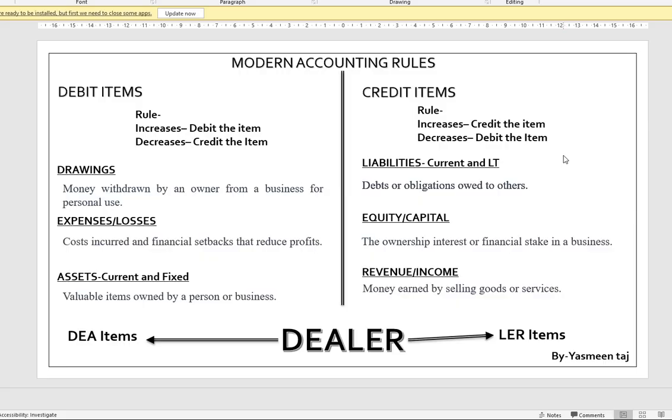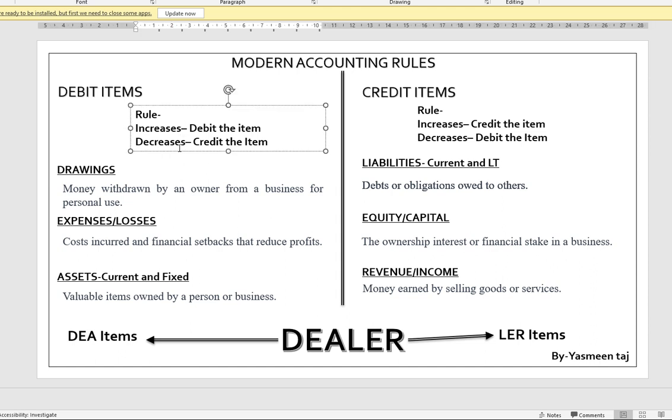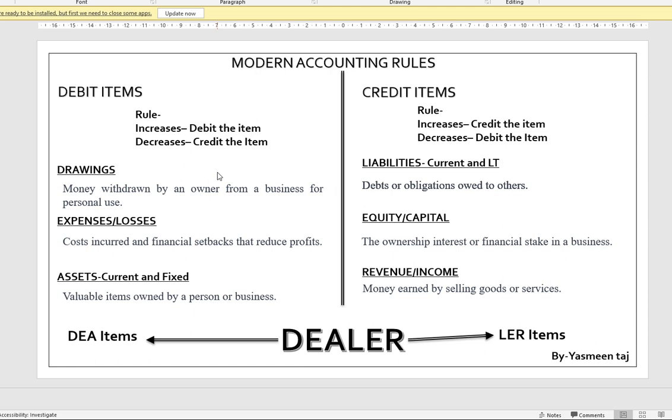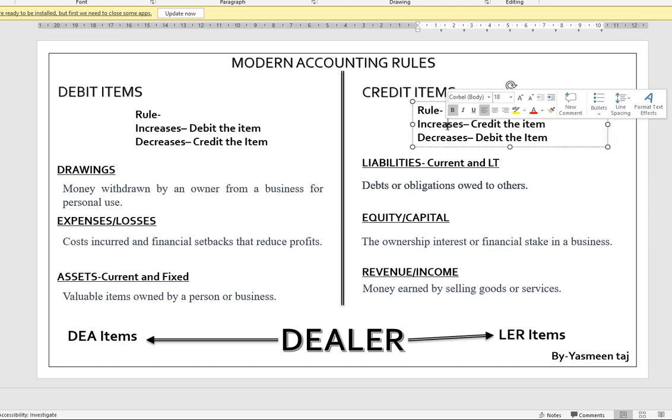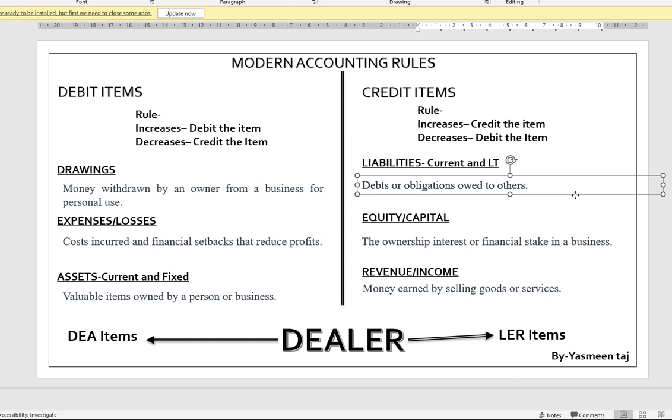Here, the modern rules of accounting say, if drawings, expenses or losses, or assets are increasing, then we have to debit that item. In case of decreasing, we have to credit that item. For the credit items such as liabilities, equity or capital, or revenue, if any of these items increase, we have to credit the item.